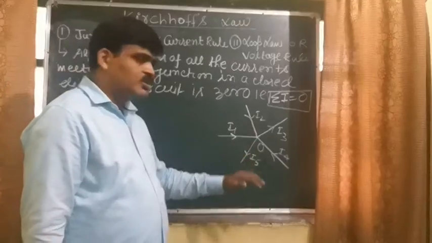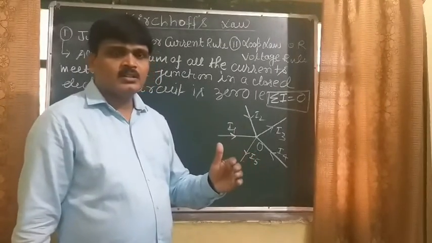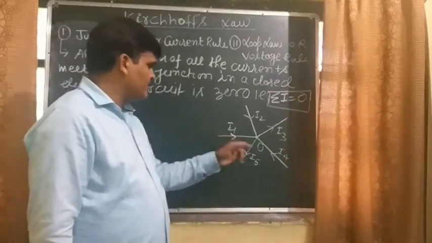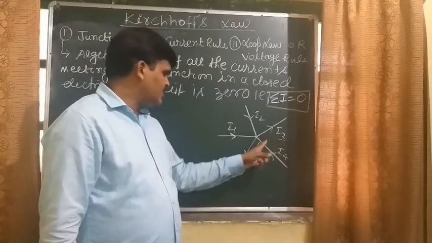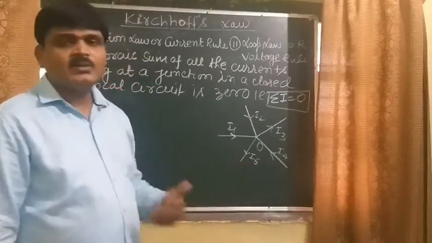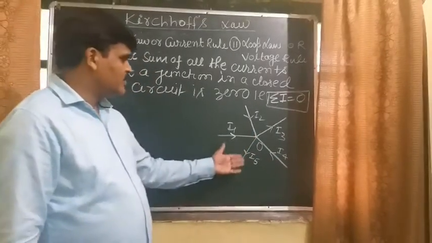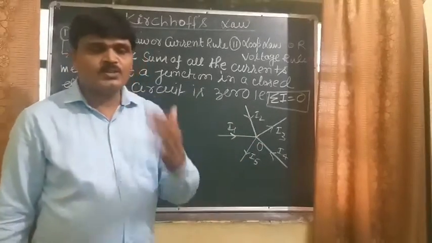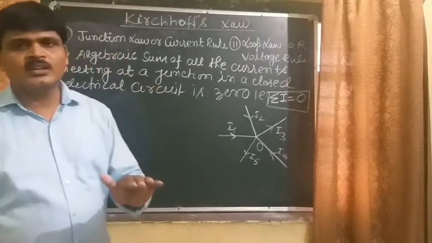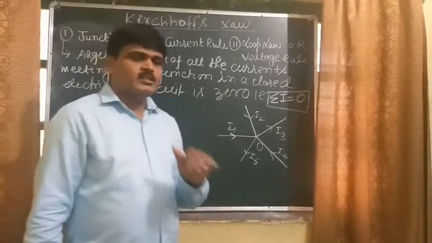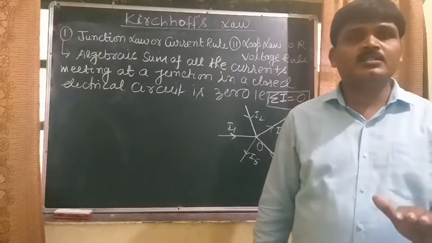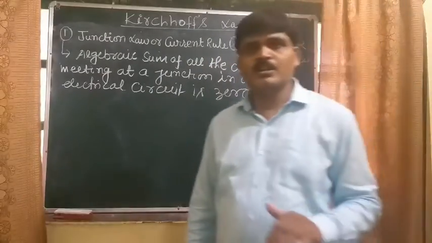And those currents leaving the junction, their value is taken to be what? Negative. So in this diagram, I3 and I5 are leaving away from the junction, so their value is taken to be negative. So in general we can say that those currents entering the junction are taken to be positive, and those currents leaving the junction are taken to be negative.